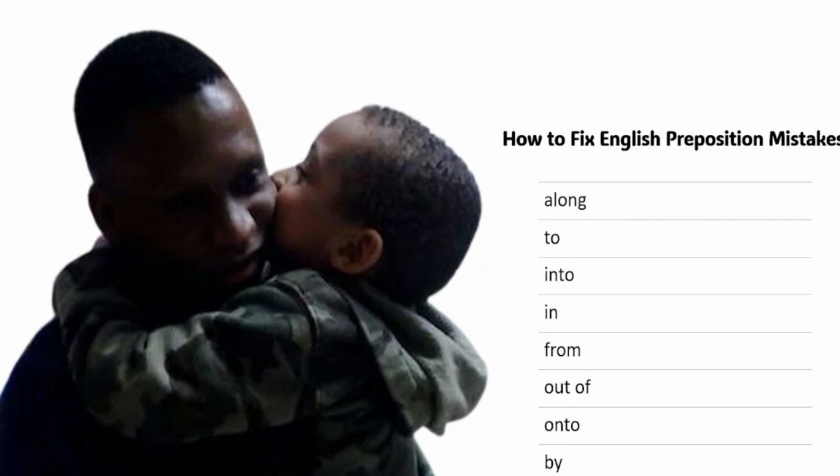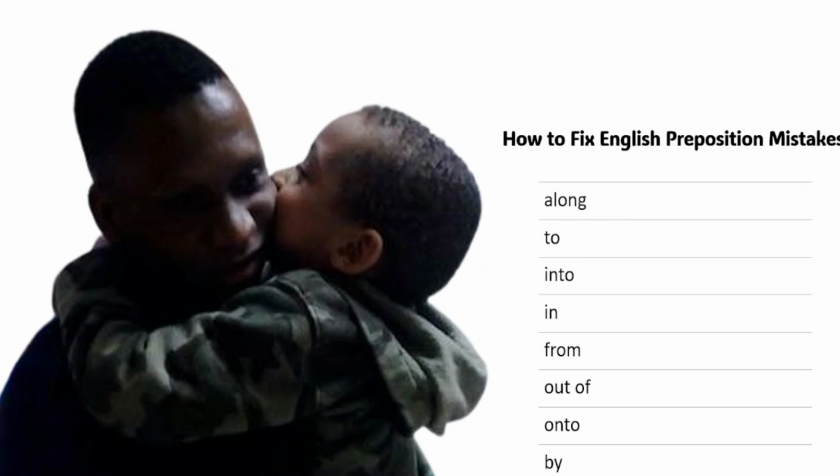Now, the preposition, the way I can put it in French, we say le mot invariable, which means that it doesn't change. So prepositions don't change. Let's say, for example, in, at, from, they don't change.